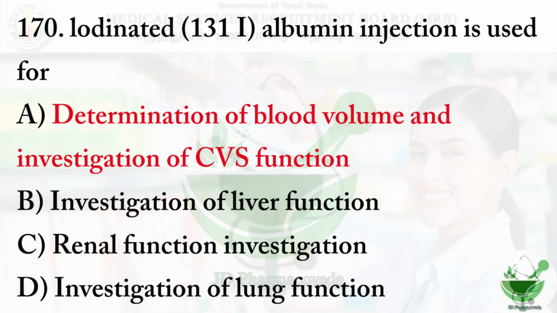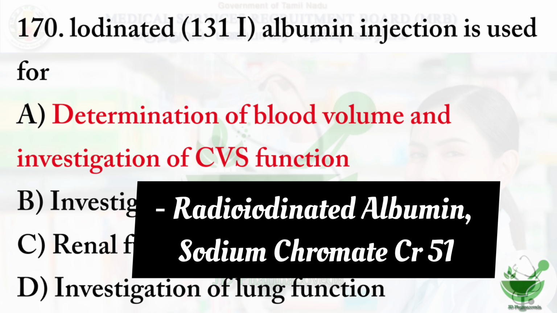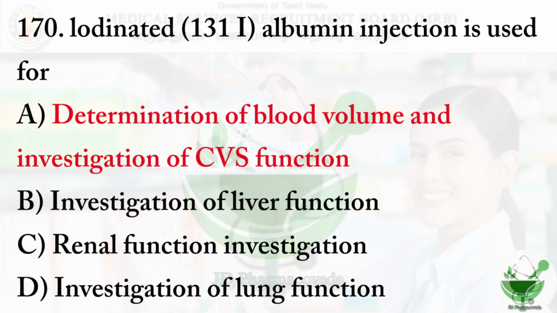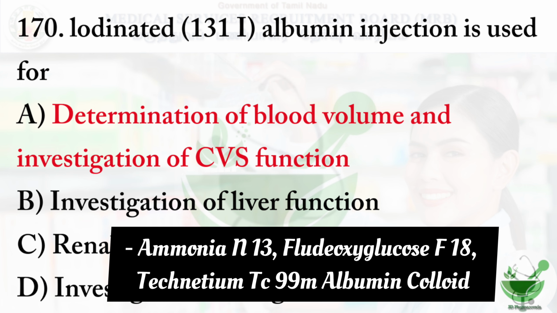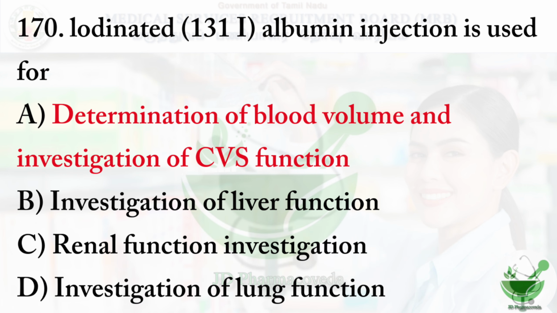The other diagnostic agents or radiopharmaceuticals for determining the CVS function or the blood volume are radioiodinated albumin and sodium chromate Cr51. For liver function: ammonia N13, fludeoxyglucose F18, technetium Tc99m albumin colloid, technetium Tc99m disofenin.